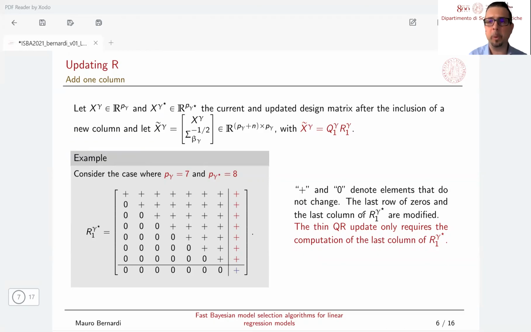If you look at the Wilkinson diagram in the example, when p is equal to 7 and p gamma is equal to 8, in order to update the R matrix to get the new matrix, we only need to update the last column of the new R matrix. Our algorithms provide an efficient way to calculate that column.